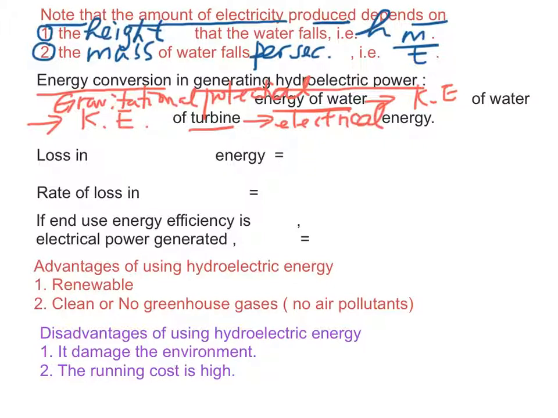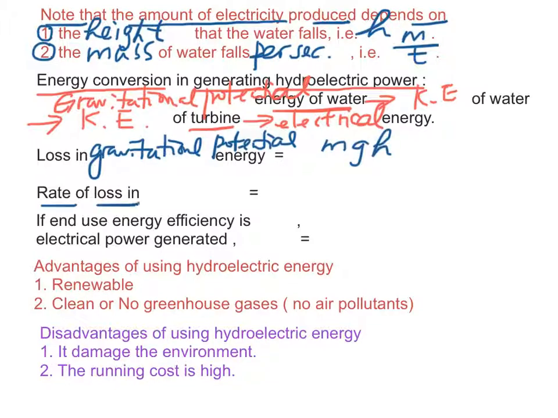The loss in gravitational potential energy of the water equals mgh, and the rate of loss in potential energy is equal to (m/t)gh.